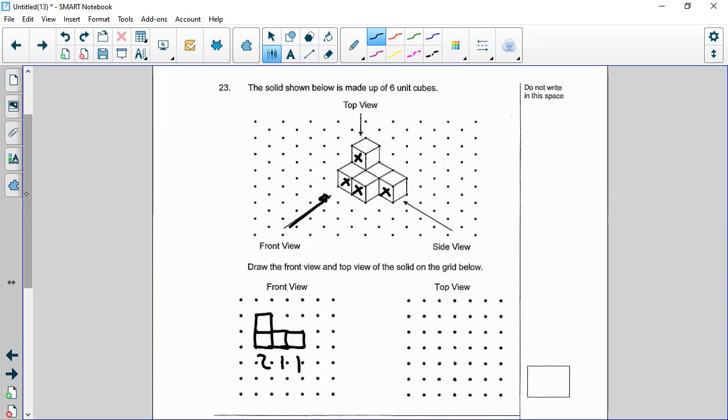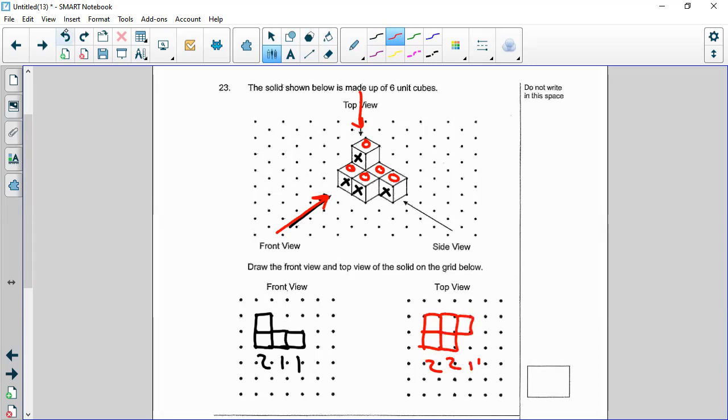How about the top view? For the top view, you must always stand in front, and then you look down. If you stand in front and look down, you will see 2, 2, 1. So when you draw your top view, 2, 2, 1. Got it?